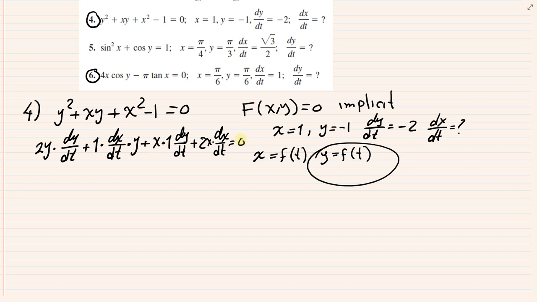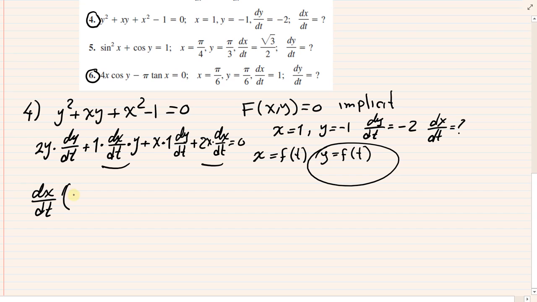So now we can combine like terms here. We want to find dx/dt, right? So we have dx/dt here and dx/dt here. Let me factor out dx/dt, because that's what we want to isolate.